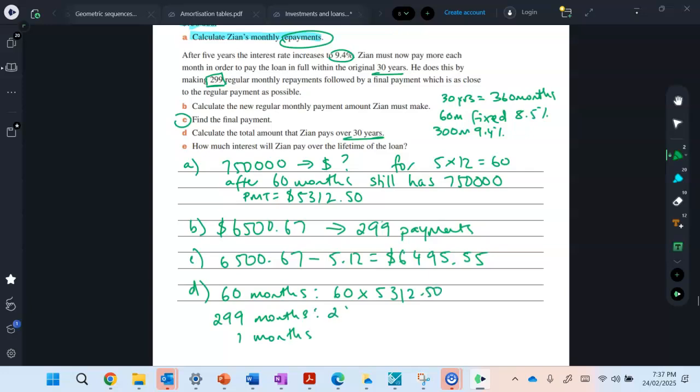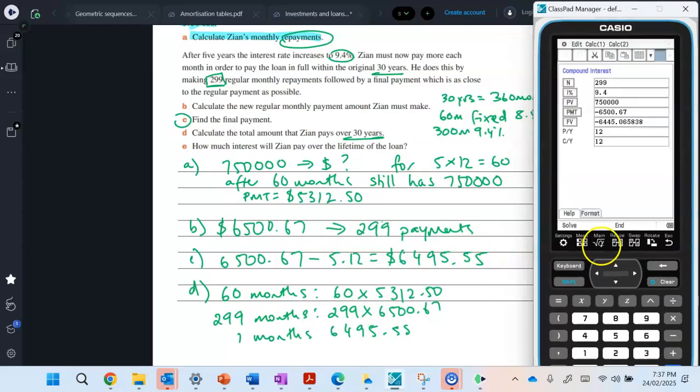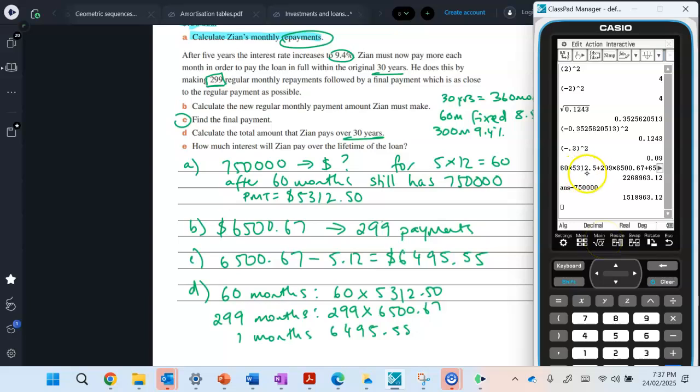For 299 months, we are making this $6,567 payment. And then for our final month, we're making this $6,495.55 payment. Now, I probably still have these on my main screen, so notice how I put them in there.